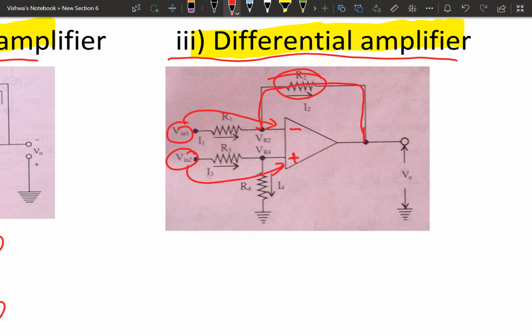Now the gain of this circuit can be written as A equal to R2 by R1 into V difference.